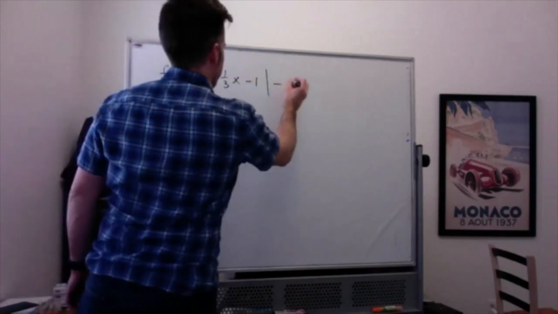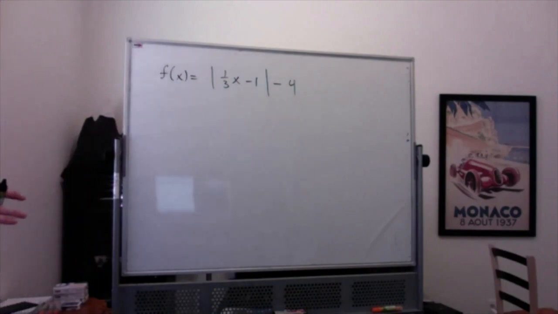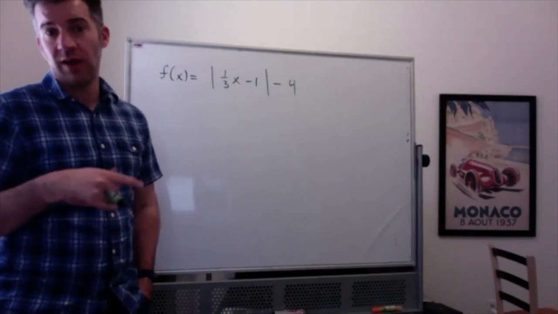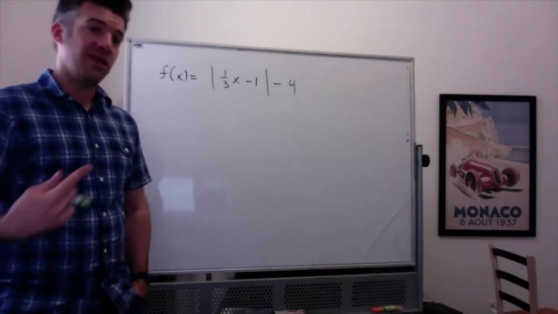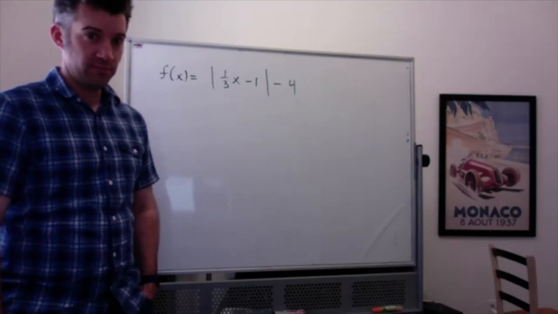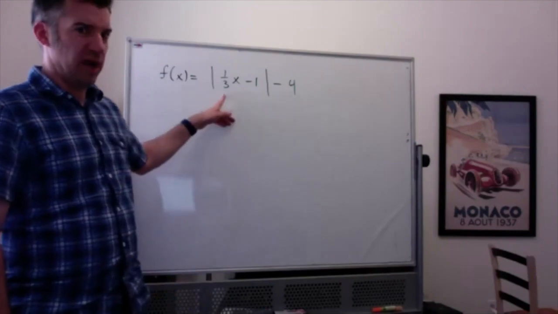Minus 4. Okay. So I did say we should do a horizontal shift first, and that is true. And I want to warn everybody, in this example, the horizontal shift is not positive 1. It might look like it's positive 1, but the problem is there's also this stretch.